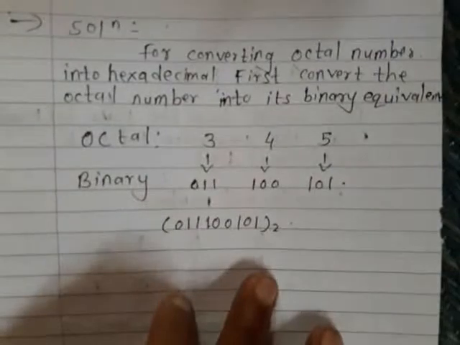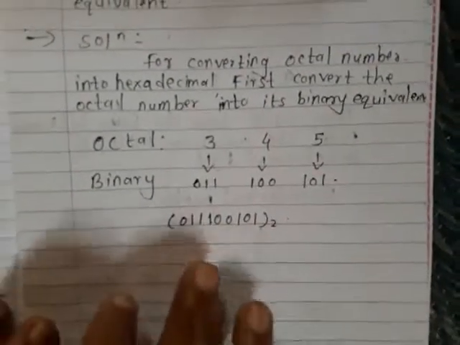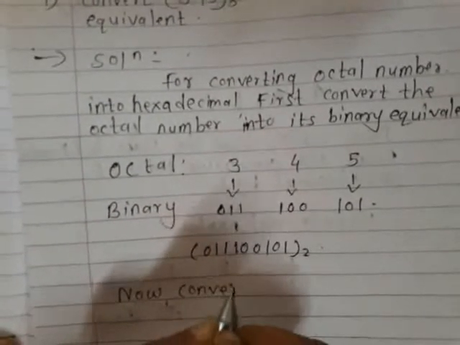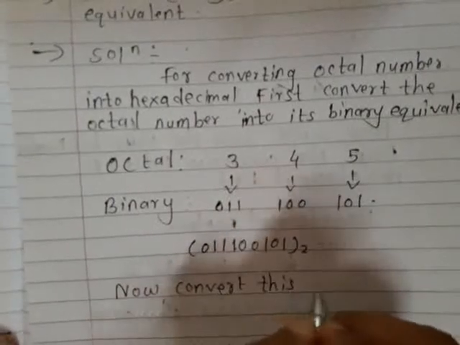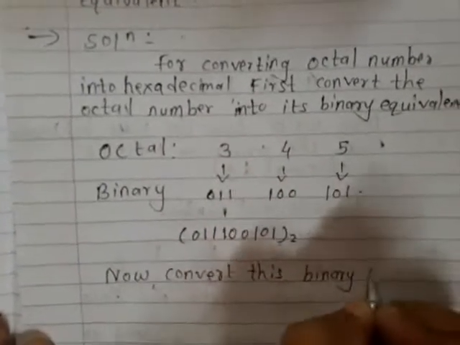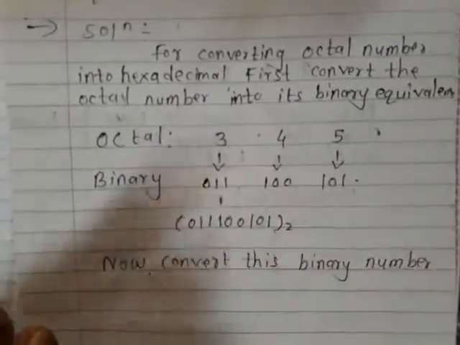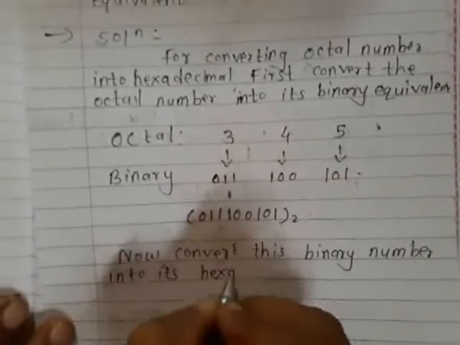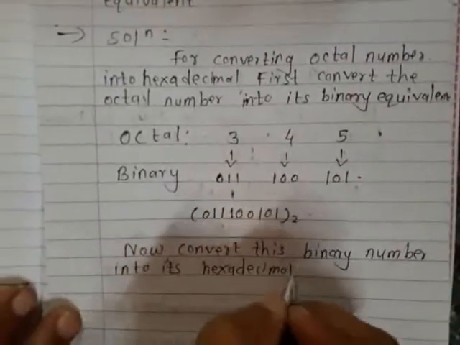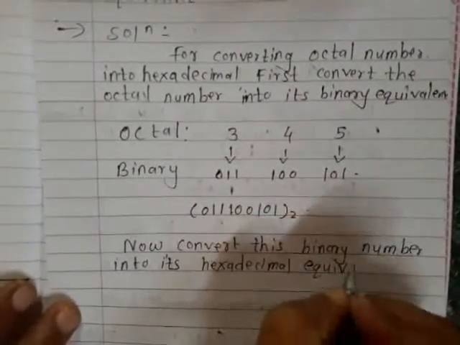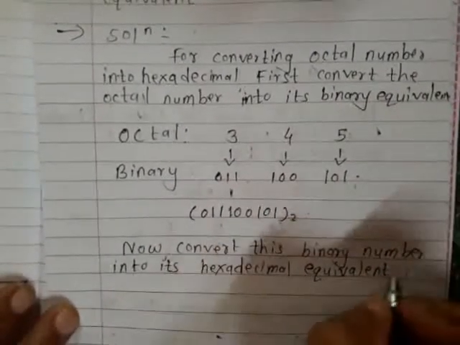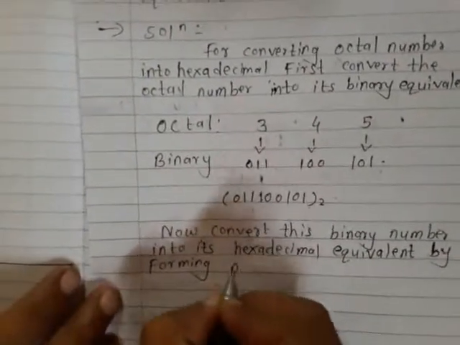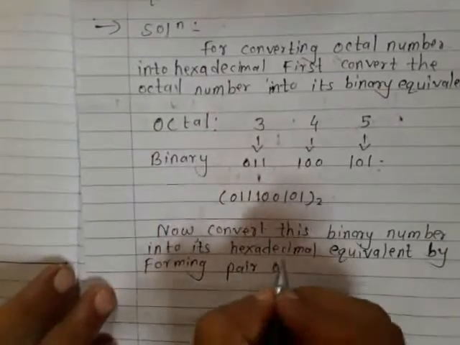Now, after this, convert this binary number into its hexadecimal equivalent by forming pairs of 4 digits.